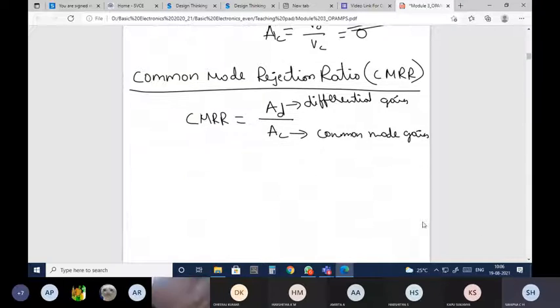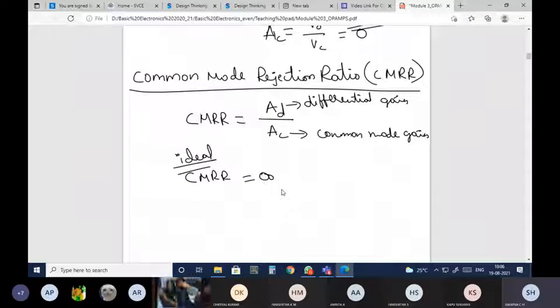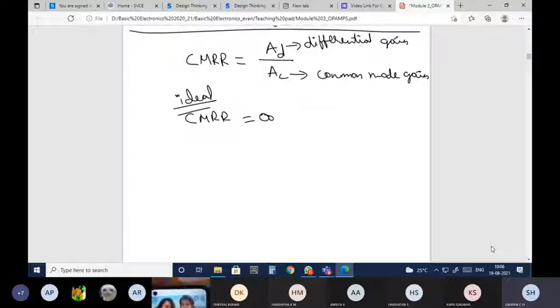Ideally your CMRR should be equal to infinite. The reason is AC will be equal to 0, so AD by 0 will be equal to infinite. So in the ideal case, the common mode rejection ratio value should be equal to infinite. This is the third parameter.